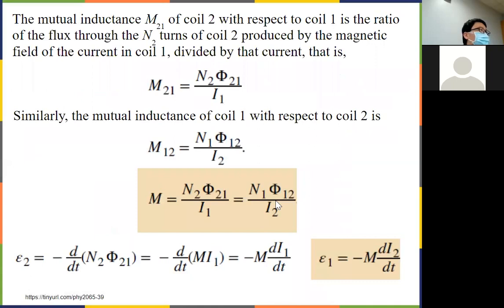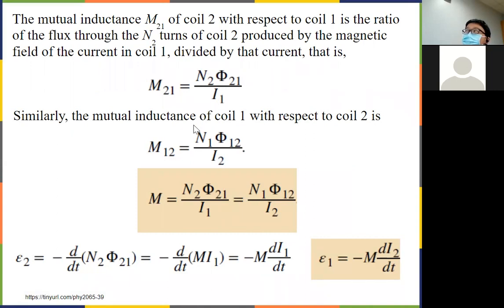To calculate the mutual inductance, you calculate the flux on the second coil induced by the first coil, times the number of turns of the coil on the second one, divided by the current in the first one. We are assuming the current goes from 0 to a certain value I1, so this is basically delta I, and this is delta phi.